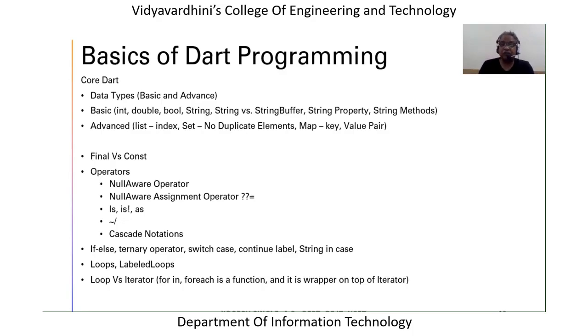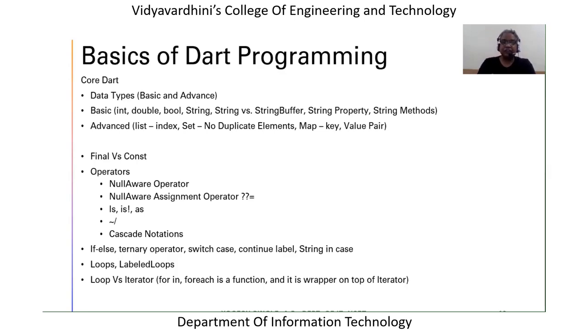First one is list, which is used like an index. Then there is something called a set. A set has data where there are no duplicate elements. And then there is the map, a data type wherein we can have a combination of key value pairs. So these are the different advanced data types.